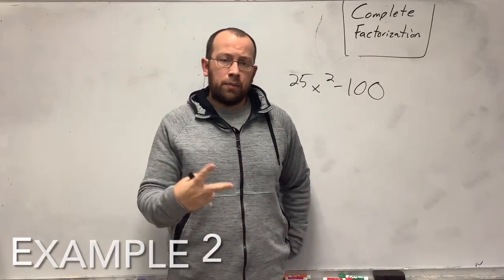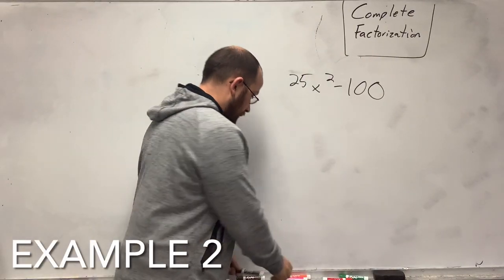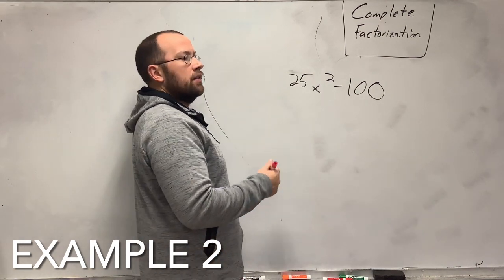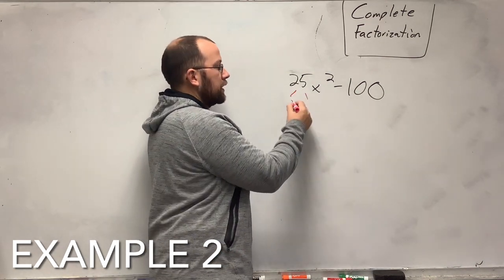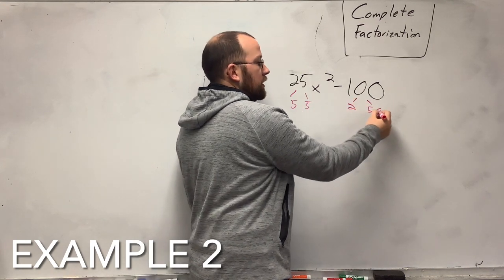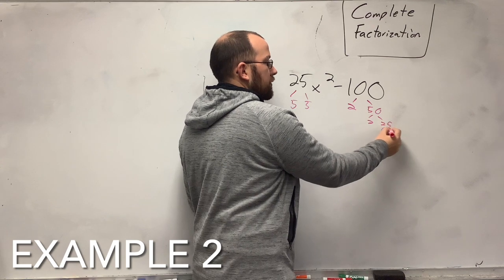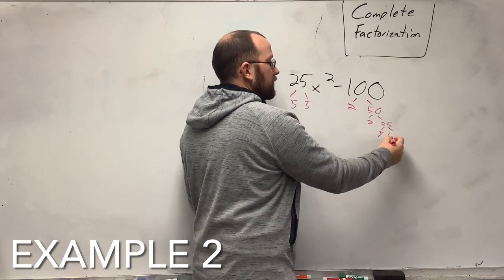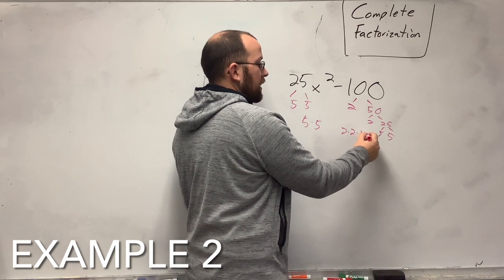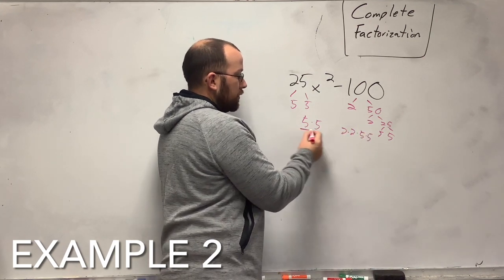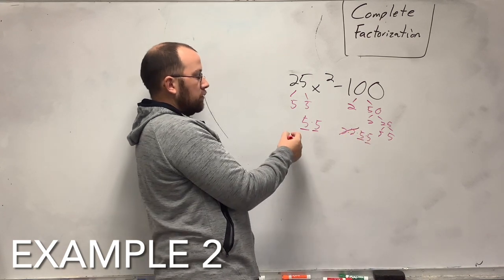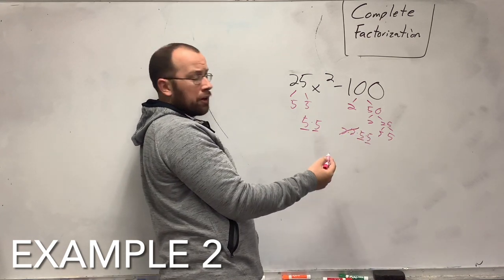All right, example number 2. I'm going to look for a greatest common factor because something in my A is larger than 1. So I get 5 and 5 here. Here I get 2 and 50, 2 and 25, and 5 and 5. So 5 and 5 is my greatest common factor.